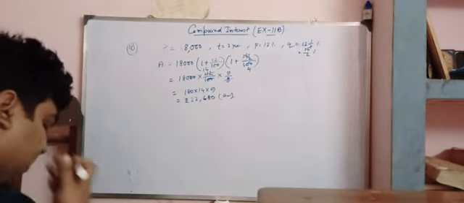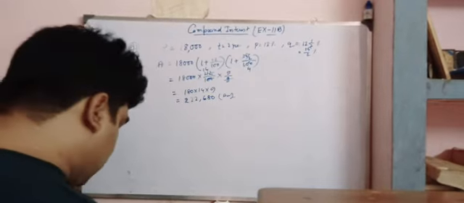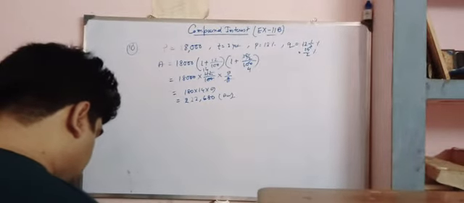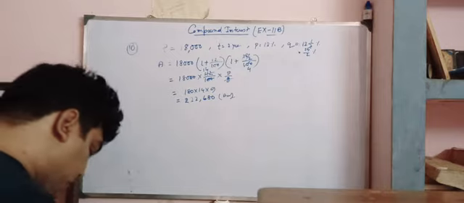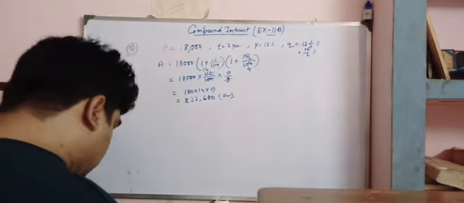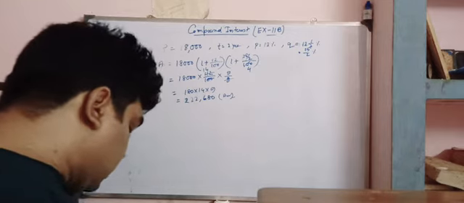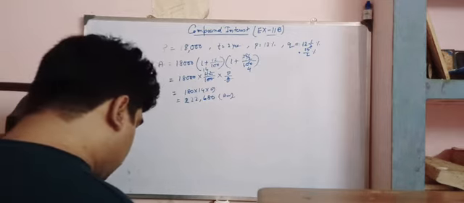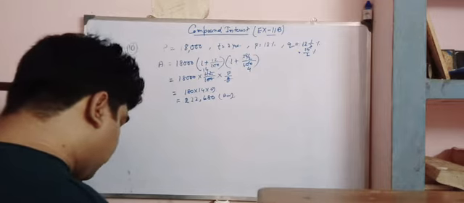For question number 11, the book hint is given in your book. Next, come to another question. If we take question number 14: the difference between the compound interest and the simple interest on a certain sum for 2 years at 6% per annum is 90. Find the sum.